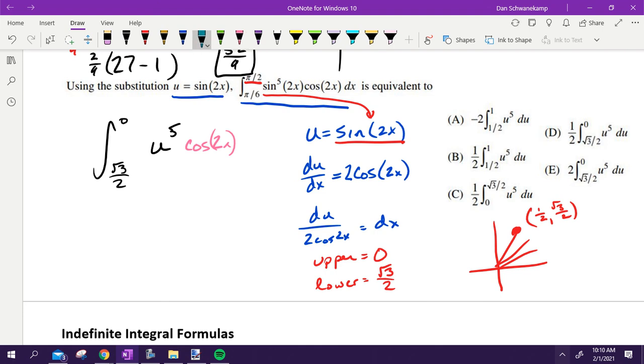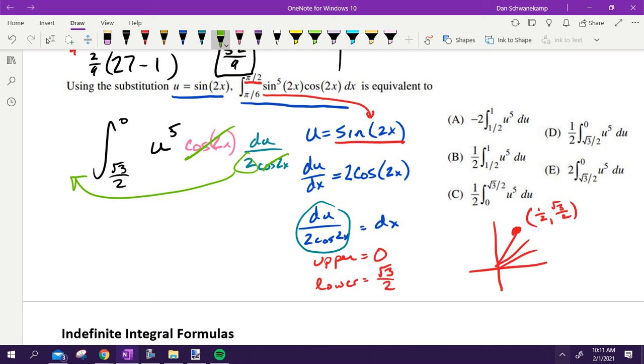And instead of dx, I'm going to put in what dx is, which is this du over 2 cosine 2x. If I did it right, there shouldn't be any x's anymore. Did I do it right? Cosine 2x, cosine 2x. Any constants? I got a 1/2 right here that I could pull out in front.